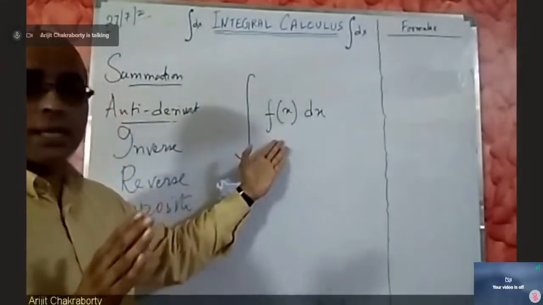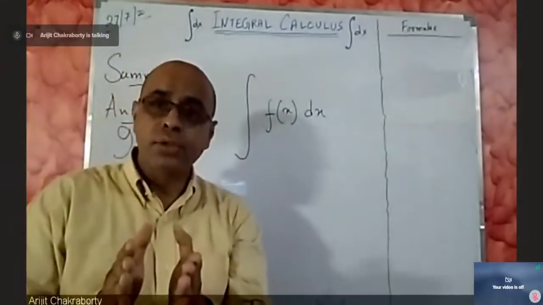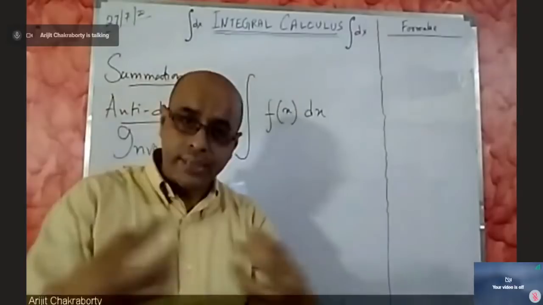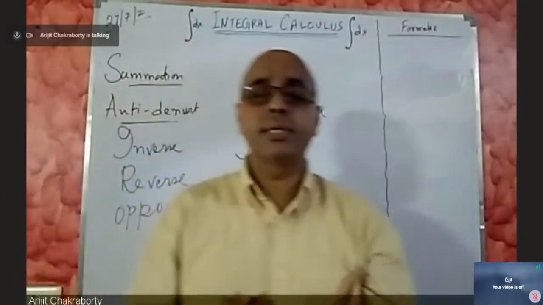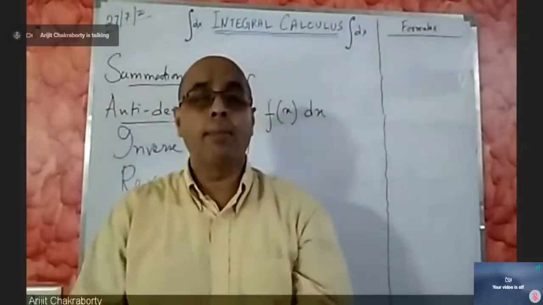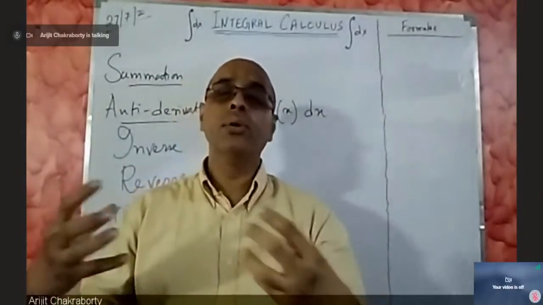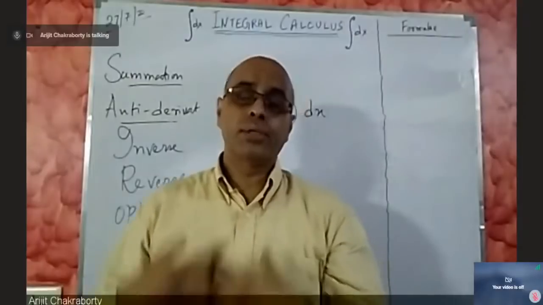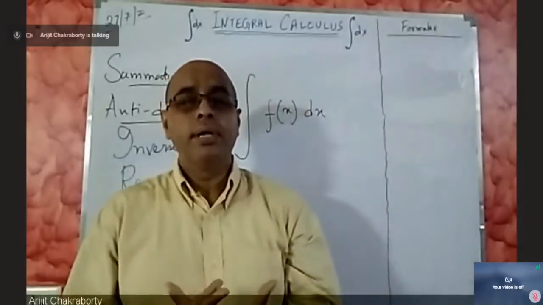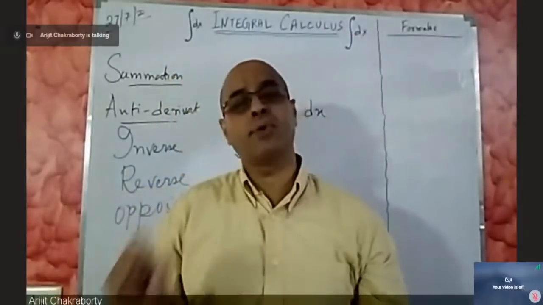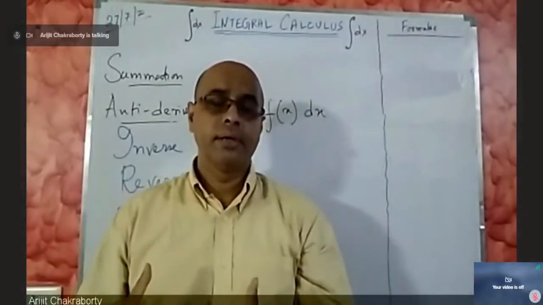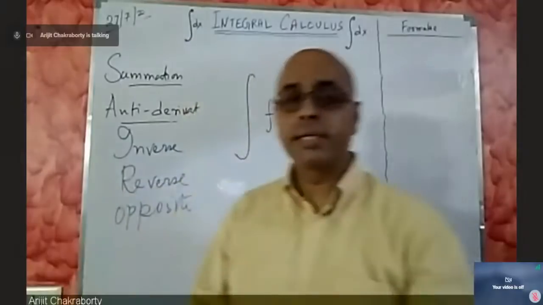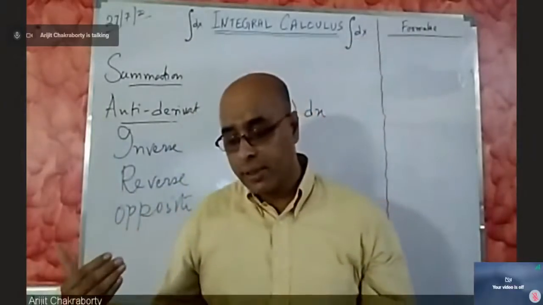And integration, as you can see, is summing together, right? The idea is to ultimately sum up small parts into the main function. So here we are trying to sum up individual small portions of a function into a combined function. That is the entire objective of integral calculus.